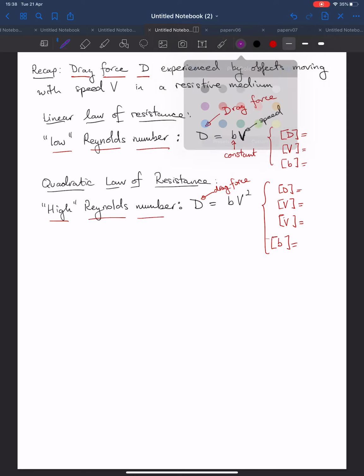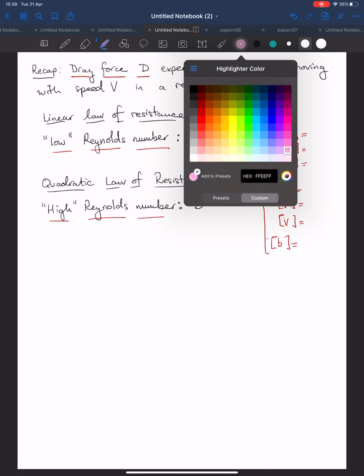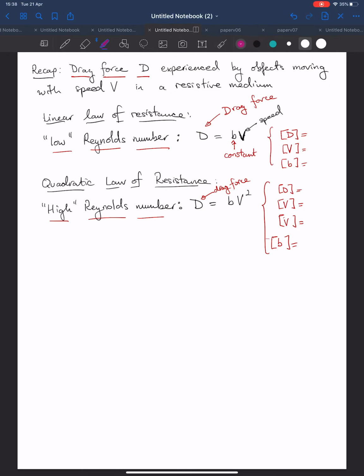And for simplicity, we decided to take the lift force as 0 by employing some assumptions. So in examples we'll consider, we don't need to worry about the lift force, but we will take care of drag force when we think about objects moving through a resistive medium.